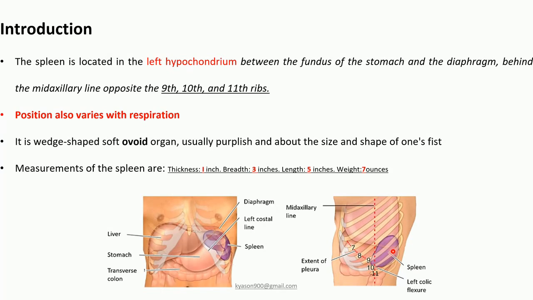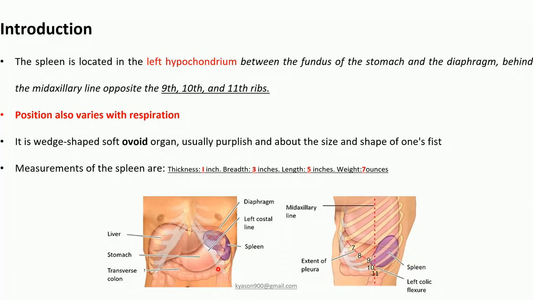So if the craniocaudal dimension, the length of the spleen of a patient, is more than, let's say, 13 centimeters, that may be a sign that there is splenomegaly. It's going to be enlarged. Normally, you can't palpate the spleen, but if it's enlarged, you can start feeling it beneath the left costal margin.